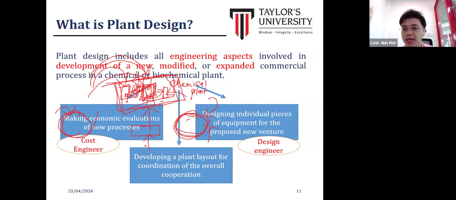You need to decide the distance between, let's say, the distillation column and the storage tank. All this you need to design. This is what we call plant layout. So as a chemical engineer, you are expected to come up with a very detailed plant layout. So far, any question you want to ask me before we proceed?